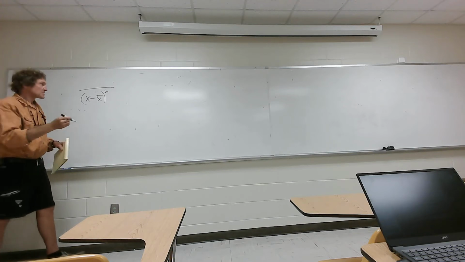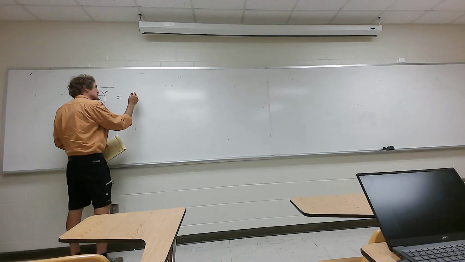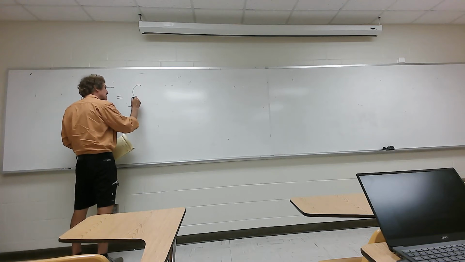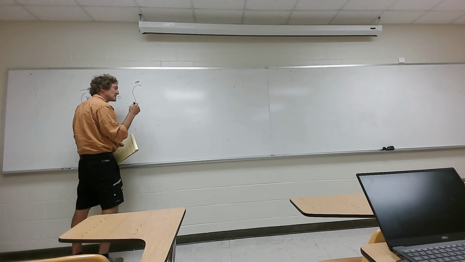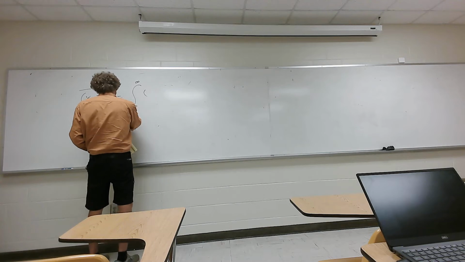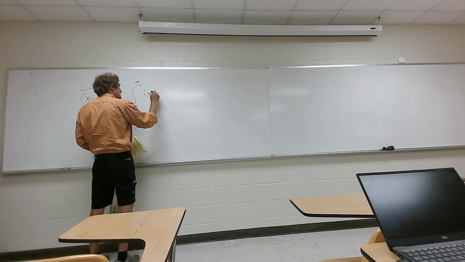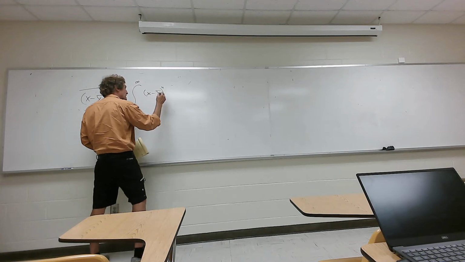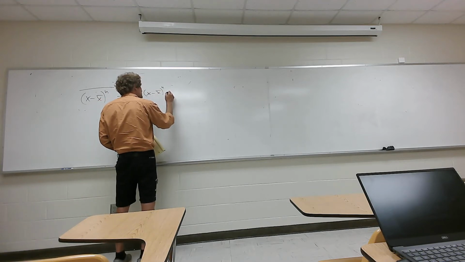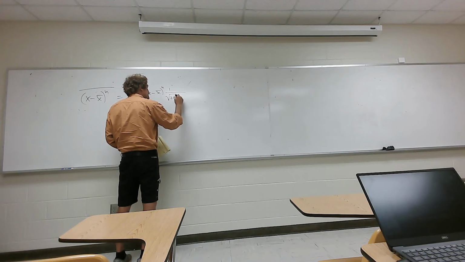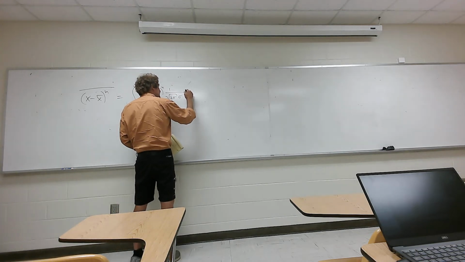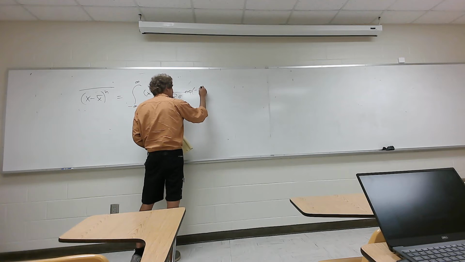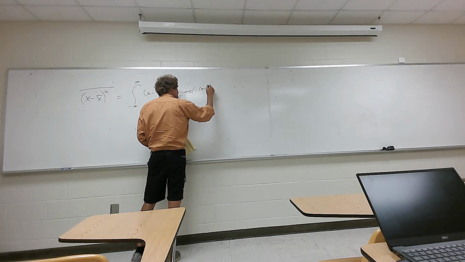Mathematically, this is the integral from minus infinity to infinity of x minus x bar to the nth power, times 1 over the square root of 2 pi times the variance, times exp of minus the quantity x minus x bar squared.